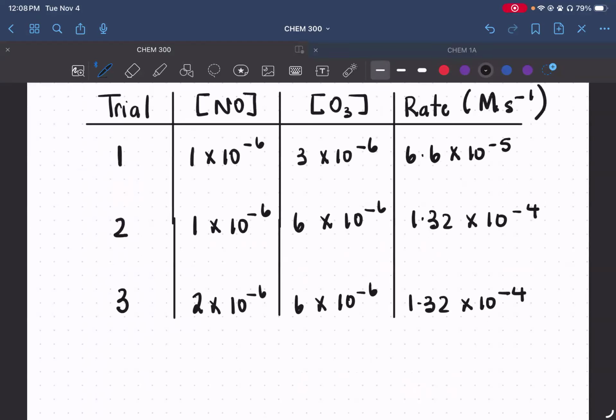I'll still keep the table in view so you can write in the numbers if you haven't yet. Ultimately, what the question is asking us for is to provide a complete rate law expression that follows the format: rate is equal to the rate constant multiplied by the reactants raised to some powers x and y.